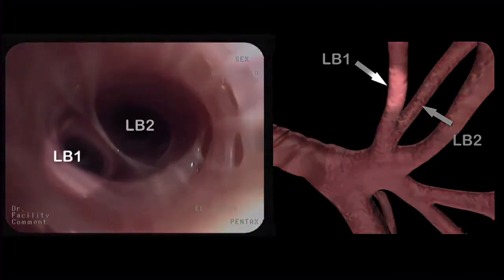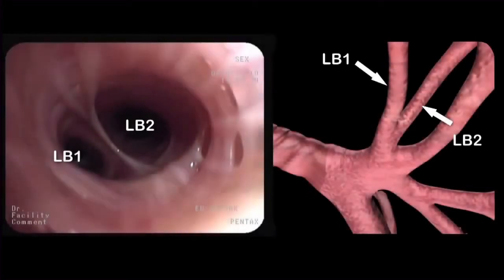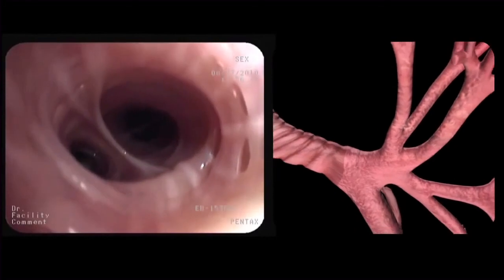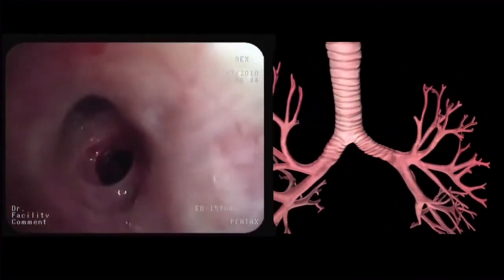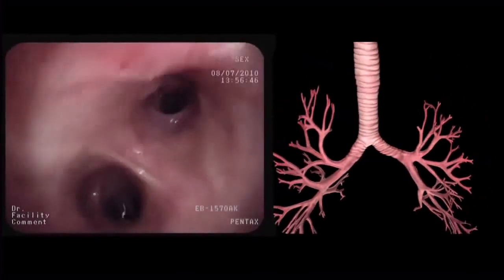Once the bronchoscope is positioned well, we can see the apical bronchus, or LB1, and the posterior bronchus, or LB2. Now, all segments have been inspected, and the bronchoscope is slowly retracted.